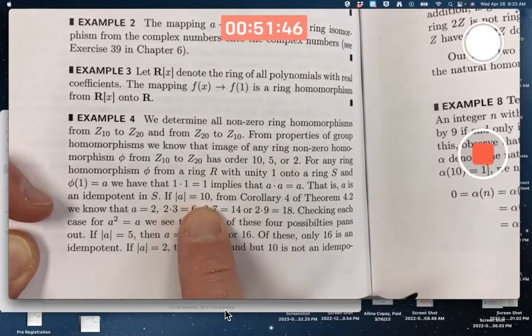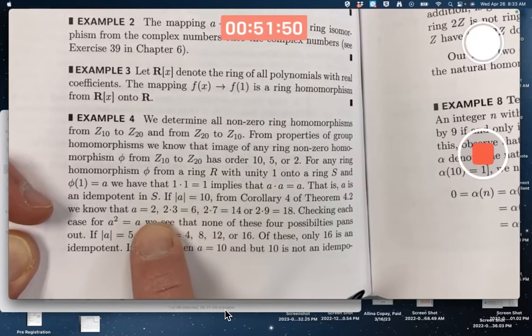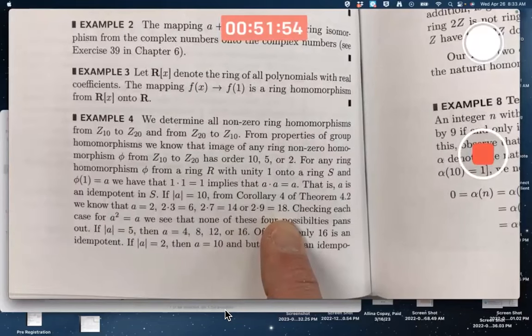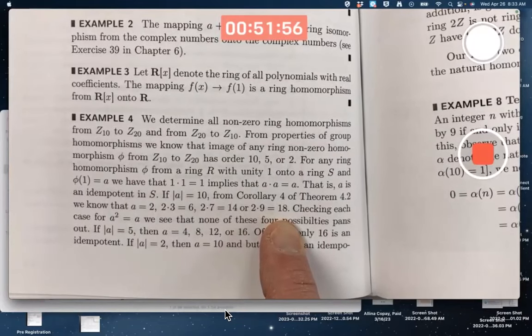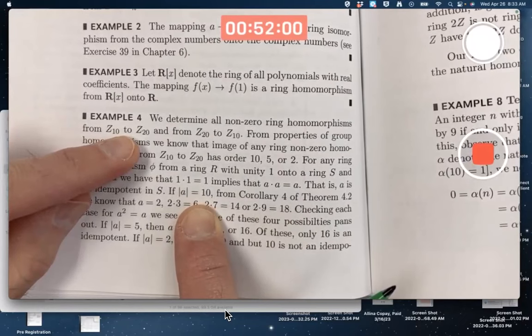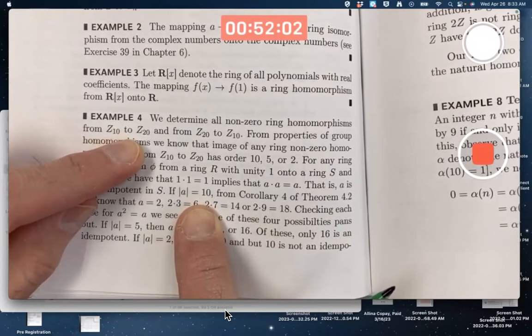If the order of A is 10, then A must be 2, 6, 14, or 18. Why? Okay, well, A is an element of Z20. We're thinking about homomorphisms from Z10 to Z20.